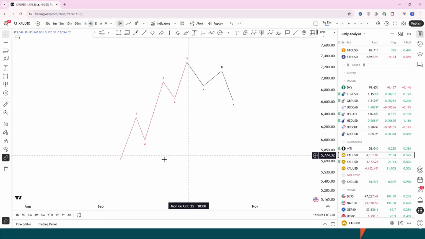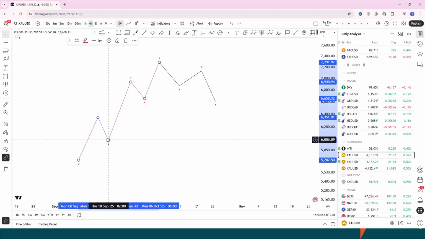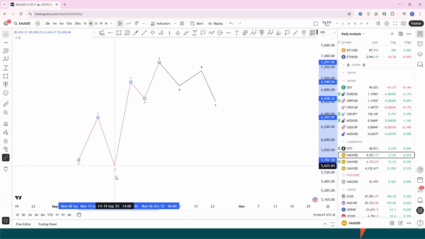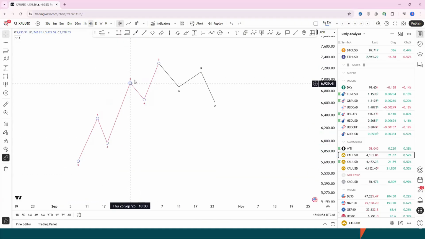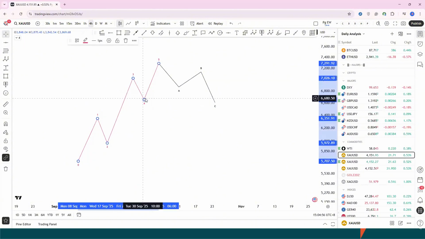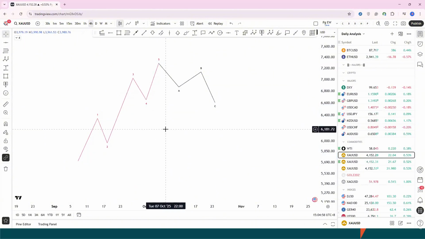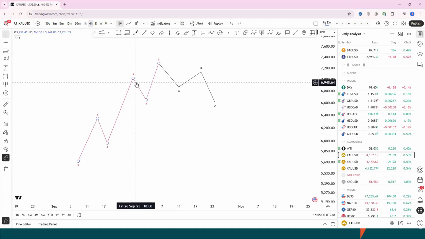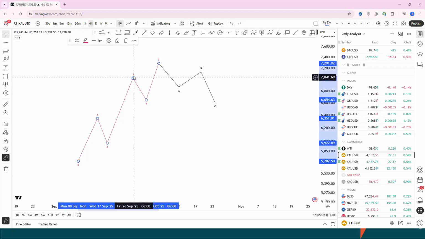And there's a rule that wave 2 cannot retrace lower than the beginning of wave 1. It can retrace anywhere between the beginning of wave 1 and wave 3. Usually, or most of the time, wave 3 is going to be the extended wave, and wave 3 cannot be the shortest among 1, 3, and 5.